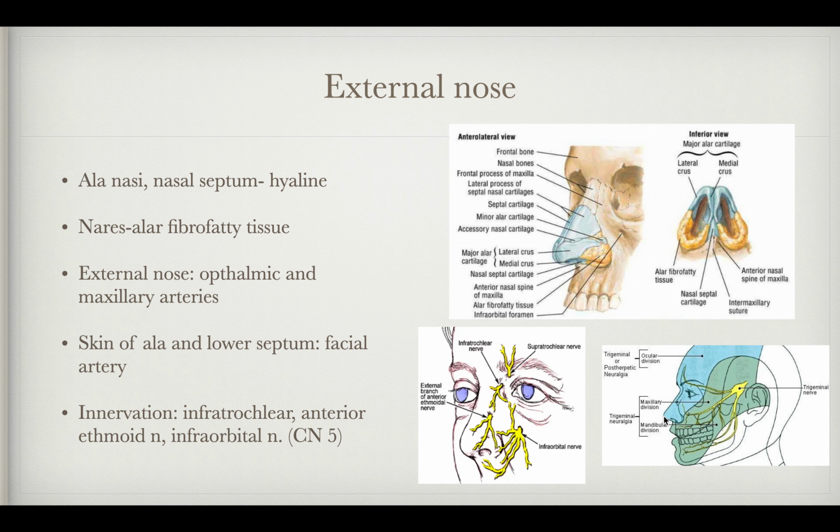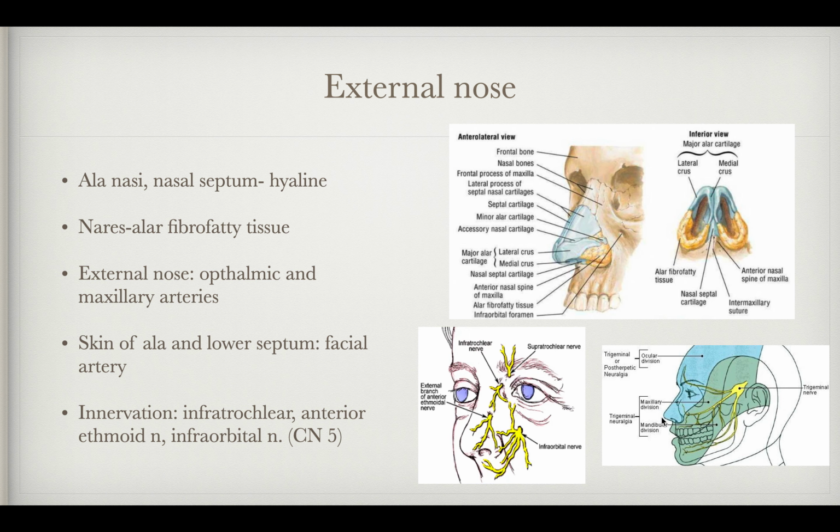The external nose is supplied by the ophthalmic and maxillary arteries, and the skin of the alar and the lower septum of the nose is going to be supplied by the facial artery. And the innervation is the infratrochlear, the anterior ethmoid, and infraorbital nerves. All of those are components of the trigeminal nerve, so you can see here.